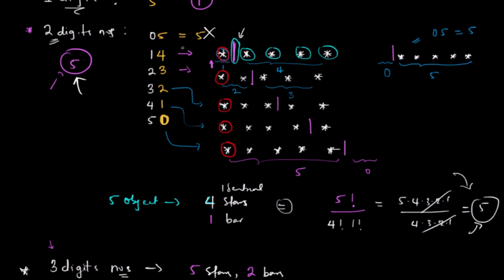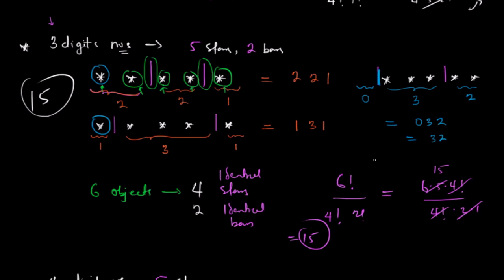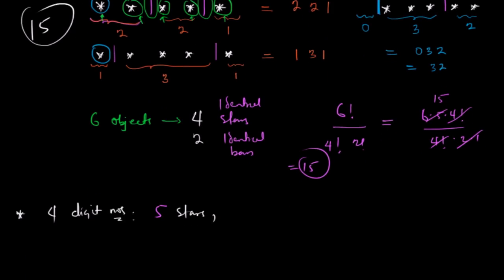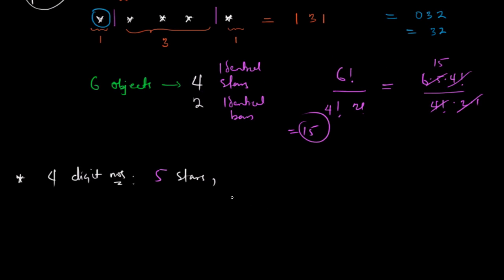For the 2-digit number, we needed 1 bar to distinguish the digits. For the 3-digit number, we needed 2 bars. So for the 4-digit number, we would need 3 identical bars.